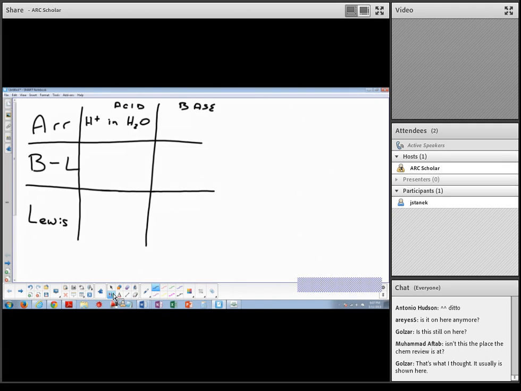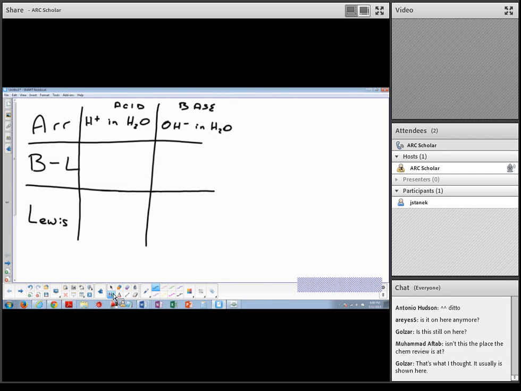If that's the acid definition, what do you think the base definition is going to be? It forms hydroxide ions in water. Those are two pretty specific definitions: we have to be forming H+ in water, and we have to be forming hydroxide in water.